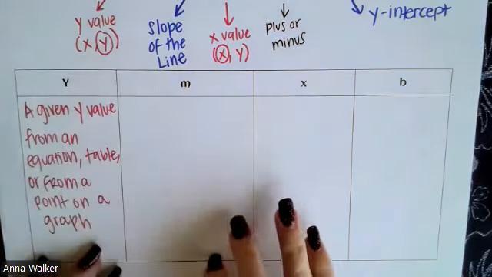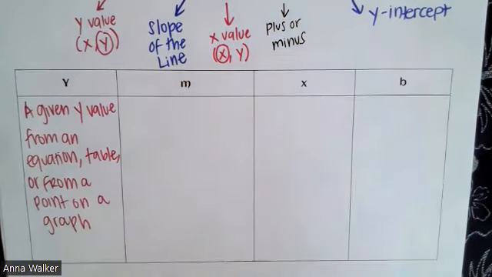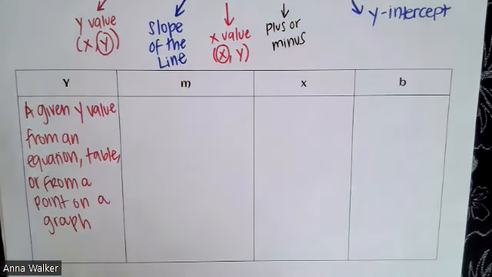Okay, so I'm going to show you how we can use this standard formula when we're looking at what are called linear equations, when we're looking at a graph, when we're looking at an XY table. So this Y value can be given to us in a variety of ways, either from an equation, table, or from a point on a graph.